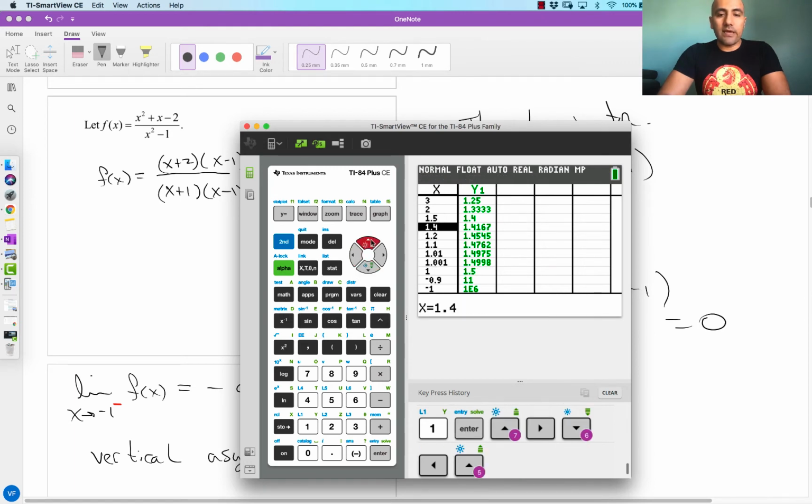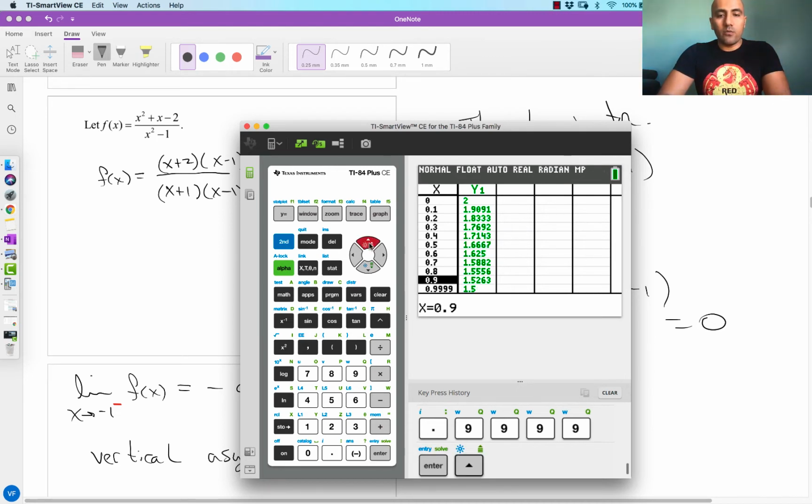So let's say that we start off at 0, and then we do 0.1, then 0.2, then 0.3, then 0.4, then 0.5, then 0.6, then 0.7, then 0.8, then 0.9, then 0.99, then 0.9999.